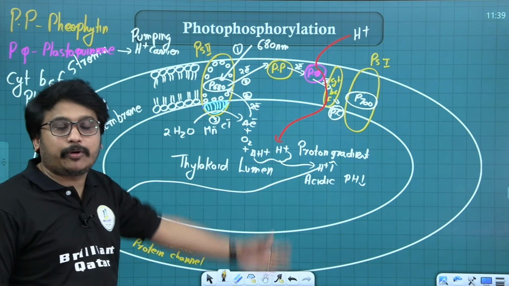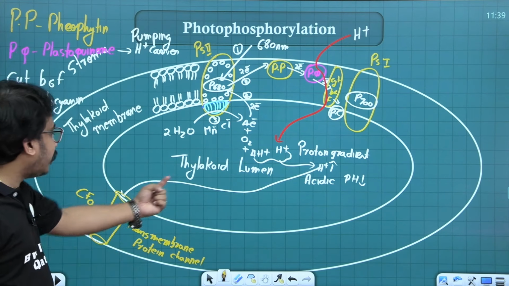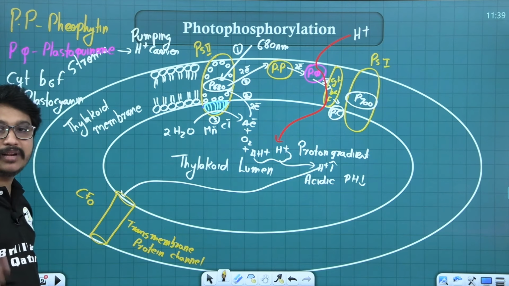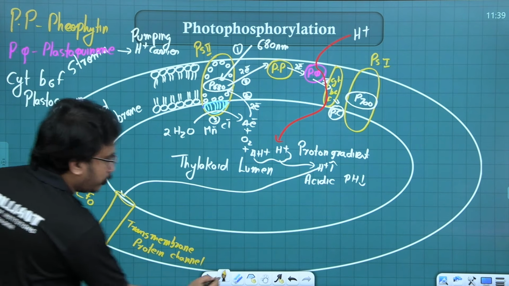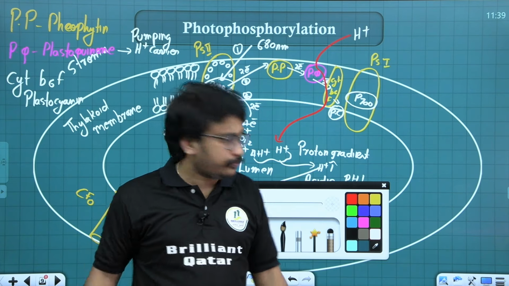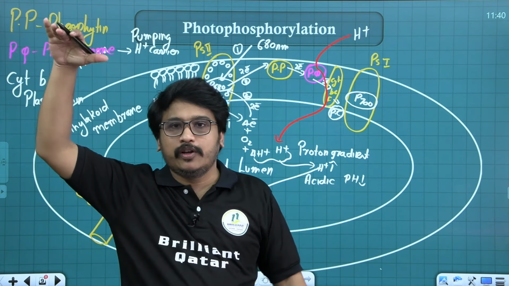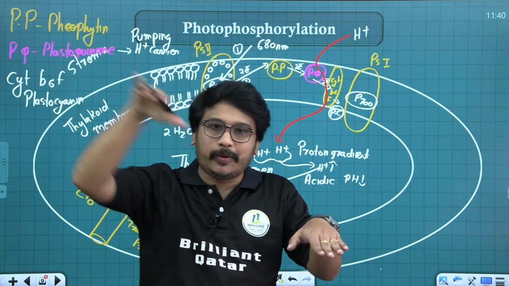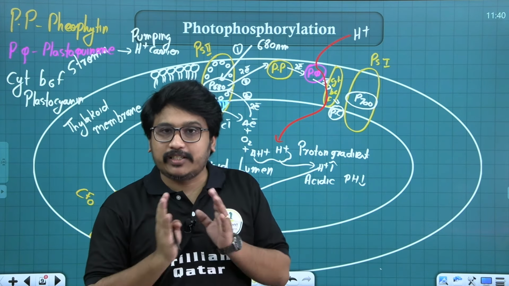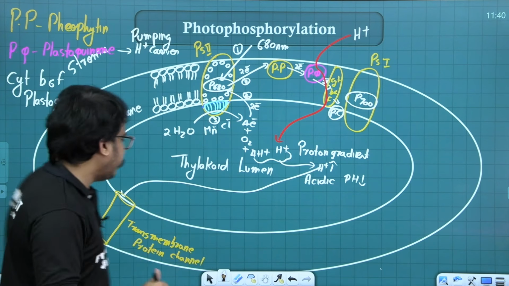So to break the proton gradient, the H+ starts moving from high to low concentration through a transmembrane protein channel. You might have learned, if anything is moving from high concentration to low concentration through a protein channel or carrier protein, it is called facilitated diffusion.